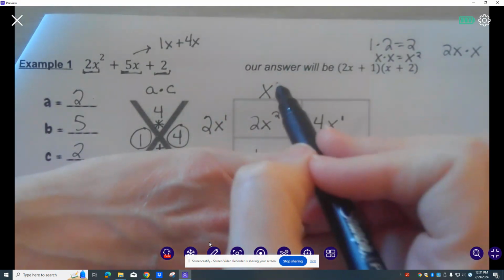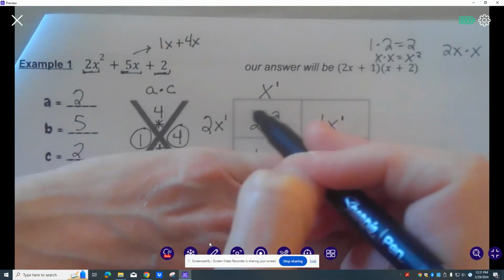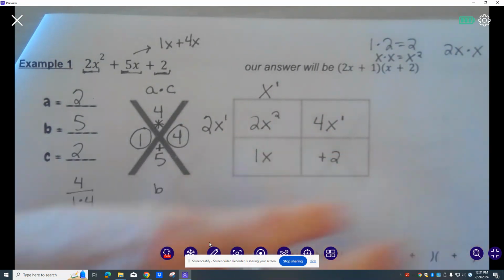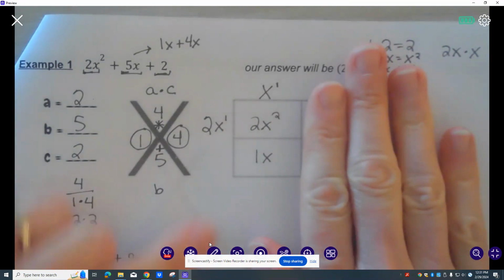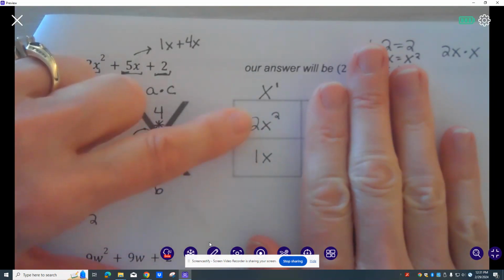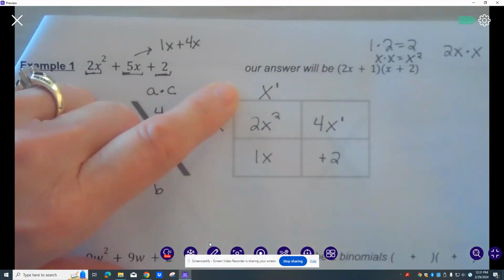And then when I multiply, 2x to the first power times x to the first power, I get 2x to the second power. So let me just show you, if you look down this column, the greatest common factor of 2x squared and 1x is a 1.